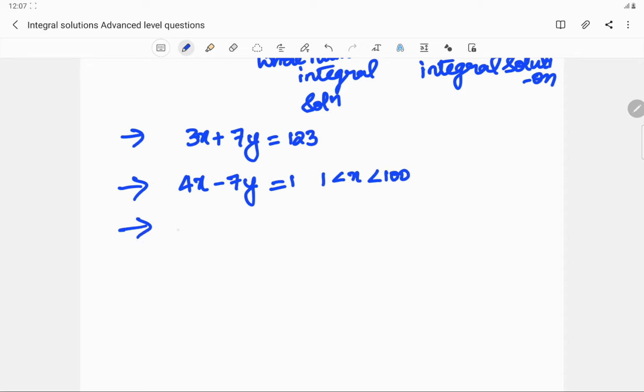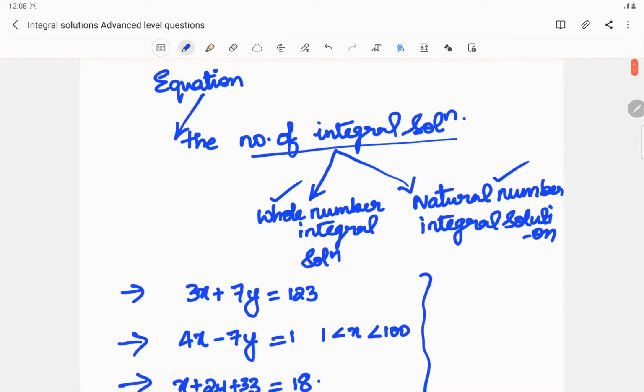And another equation is x plus 2y plus 3z is equal to 18. So what is the difference between the questions which we have solved earlier, where an equation is given and we were finding the whole number and natural number integral solutions to that equation?